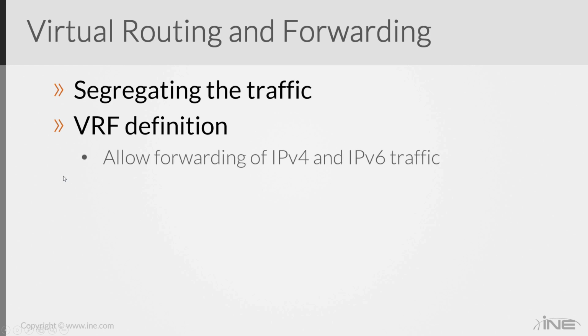The VRF definition capability allows for forwarding of IPv4 and IPv6 traffic. The reason we're going to use the VRF definition instead of just the VRF itself, or VRF forwarding, is that VRF alone just does IPv4 forwarding.